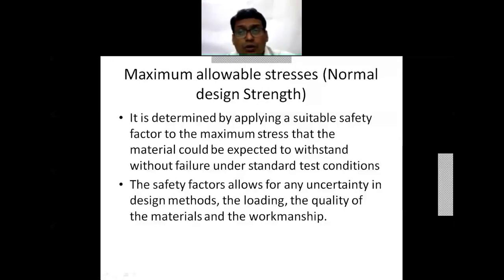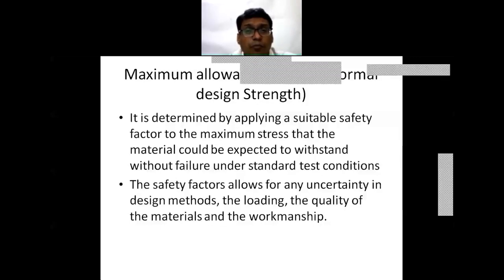So this factor of safety lambda is to be considered based on your yield stresses. The factor of safety allows for any uncertainty in the design method. डिजाइन मेथड में कुछ लैक्यूनास आ गए हैं, कुछ कंसिडरेशंस नहीं किए हुए हैं, एंड दे आर टू बी एडजस्टेड इन दिस फैक्टर ऑफ सेफ्टी.